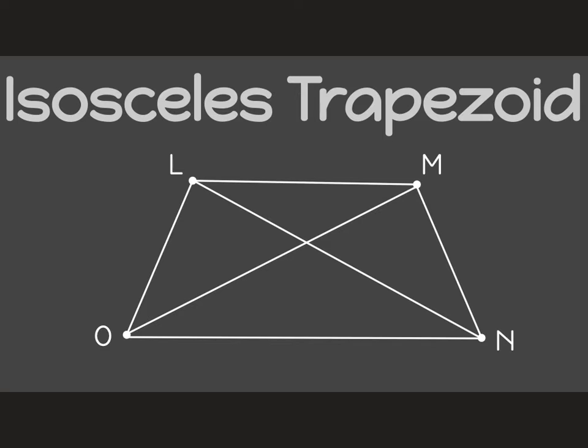For an isosceles trapezoid, we still have those parallel bases. The isosceles part means that the legs are congruent. We also know that base angles are congruent. So this is one set of base angles, and then this would be our second set of base angles.